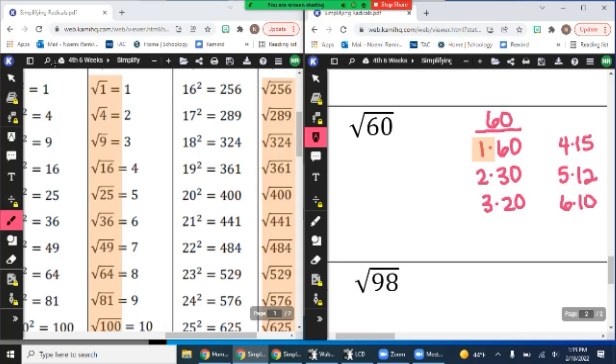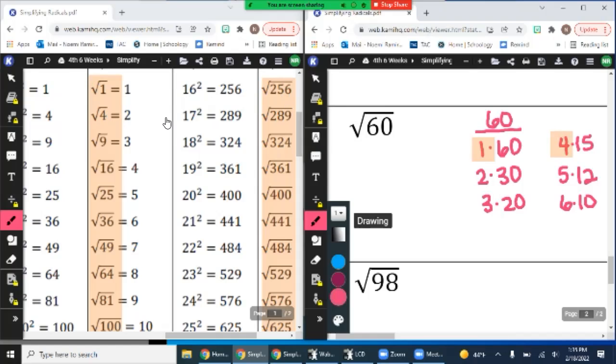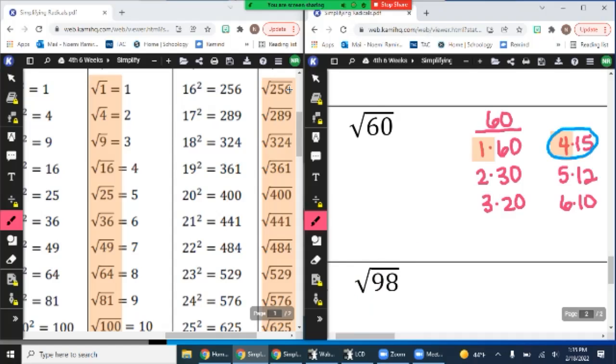What about 4? Yes, 4, you see it right here, right under the square root. So 4 is a perfect square. 15? No, we have 16 on the list, but not 15. 5, 12, 6, 10. No, so we found all of them. Now, which one are we going to use? 4 and 15. And which one do we put in the front? The 4.